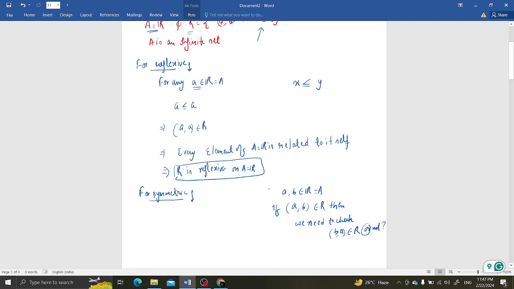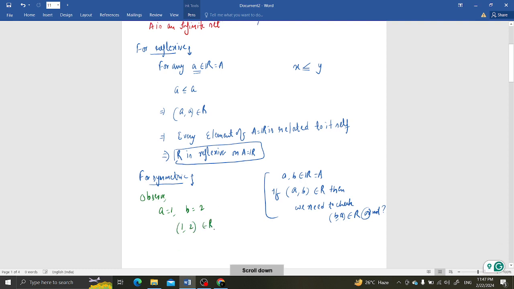If this property holds for every ordered pair, then we can say it is symmetric. But here we need to observe, if a equals 1 and b equals 2, then (1, 2) belongs to relation R.